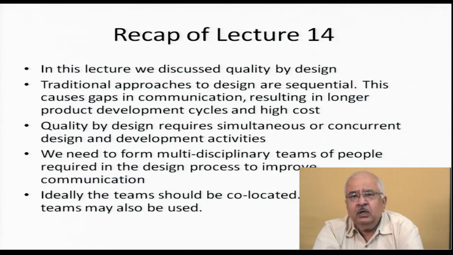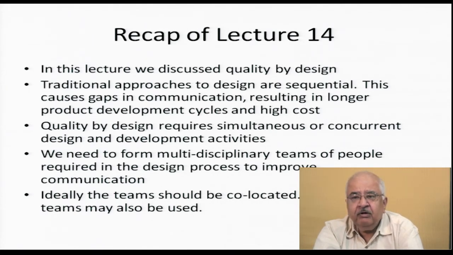In order to make the simultaneous or concurrent engineering process work, you need to have multidisciplinary teams of people, which could include people from design, from manufacturing, from maintenance, from maybe material handling, as we saw in the last class.